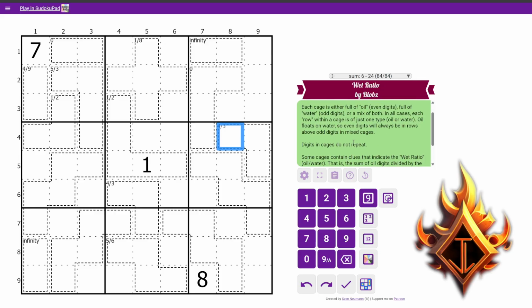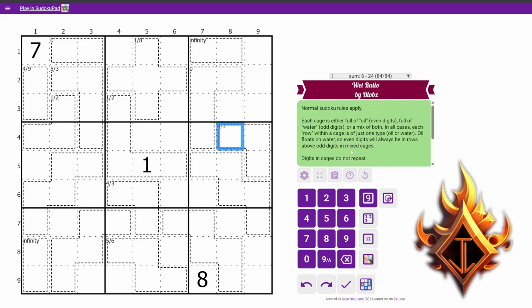What went on bottom? Odd. Okay. Water is odd. I'm going to go ahead and mark that one too, even though it's not in a cage. Oil will be even.